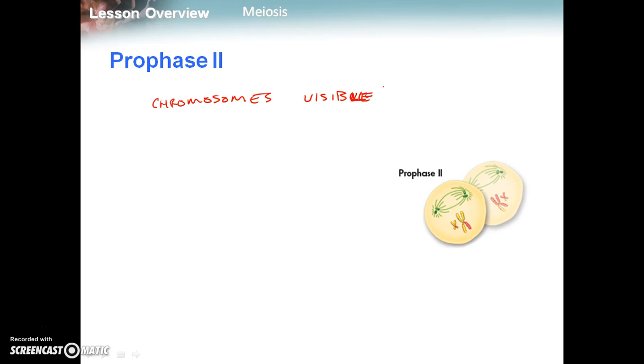And the chromosomes are not going to pair up into tetrads because we don't have homologous chromosomes this time. So no tetrads. There's going to be no crossing over, no synapses.